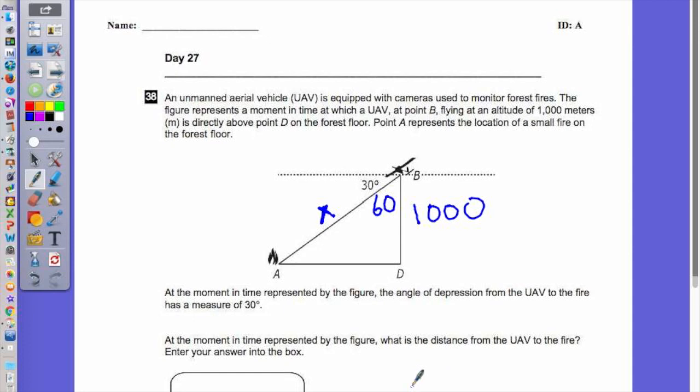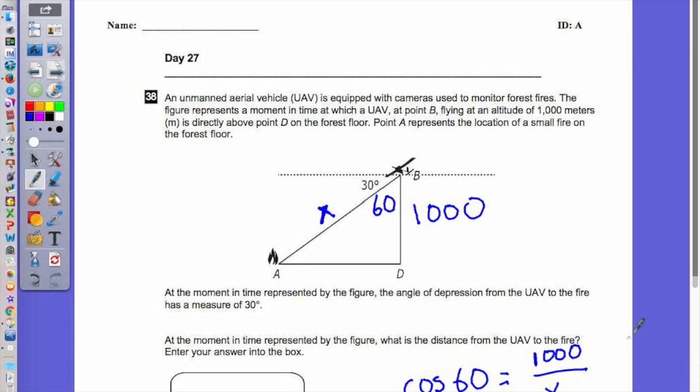We want to find the hypotenuse. That's cosine. Cosine 60 equals 1,000 over x. Okay? So you have to find the cosine of 60 in your calculator. And normally I would say to 4 decimal spaces, but it is 0.5.